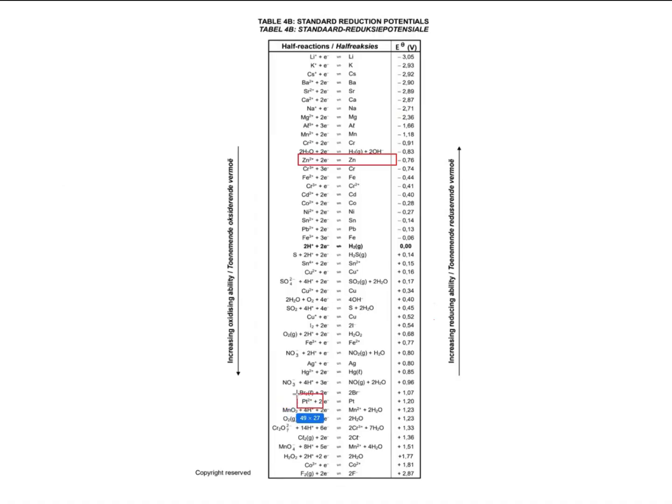So here is platinum, Pt. So obviously we can see that zinc is a stronger reducing agent. So this one is a stronger reducing agent, and this one a weaker reducing agent. So which one will be oxidized? It's obviously zinc, right? So for 9.6.1, we are going to say zinc.